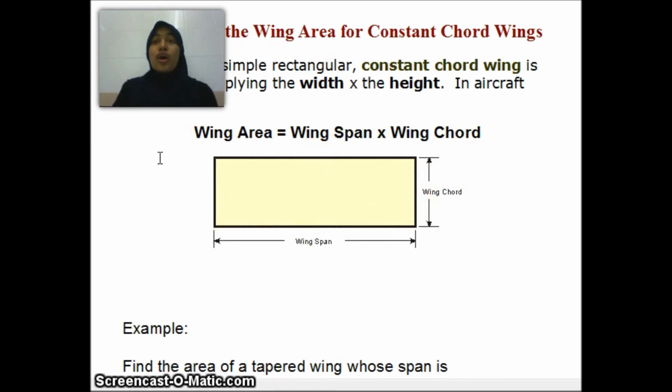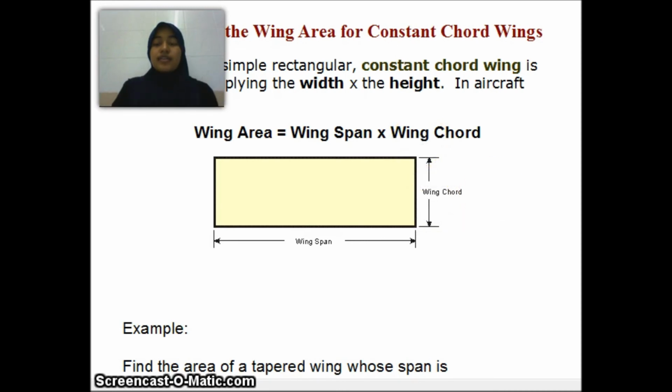So to calculate its area, it's the same as the area of a rectangle, the width times the height. But in aircraft, we change it a little bit. So the wing area is equal to the wingspan here times the wing chord here. The wingspan represents the width, while the wing chord represents the height.